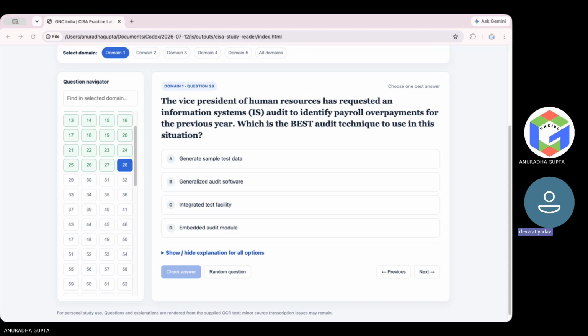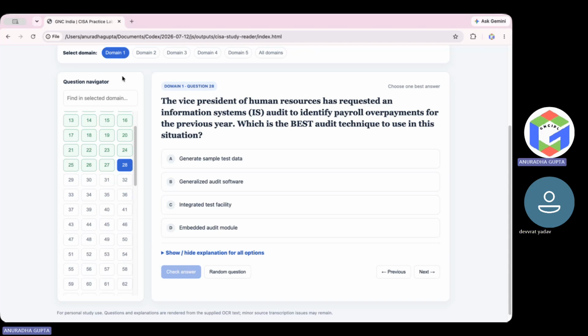General audit software. Generalized audit software then.